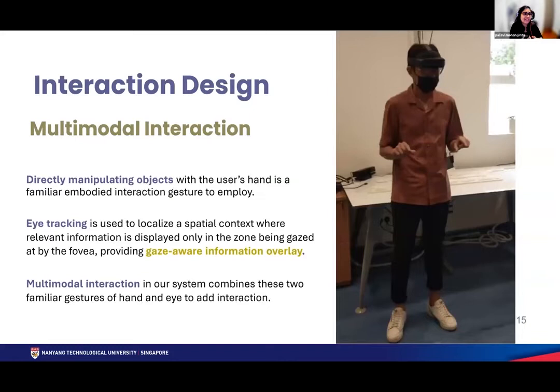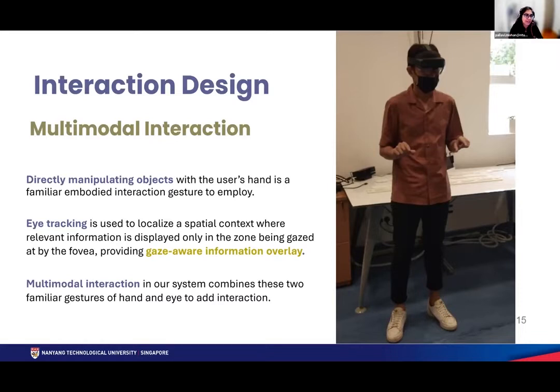Now, when it comes to interaction, embodied interaction has usually been shown to be more intuitive than indirect interaction methods. So we want our digital tower system to have enhanced immersion to allow controllers to focus on the out-of-tower view without distractions from auxiliary menu-based interfaces. So without having to do point-and-click operations on menus.